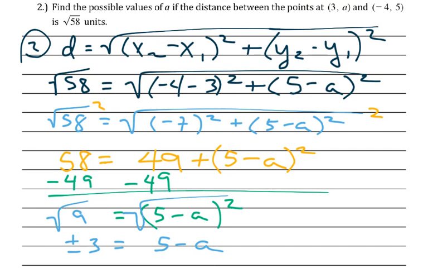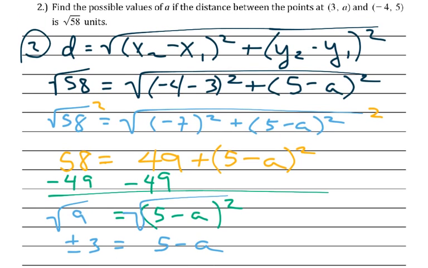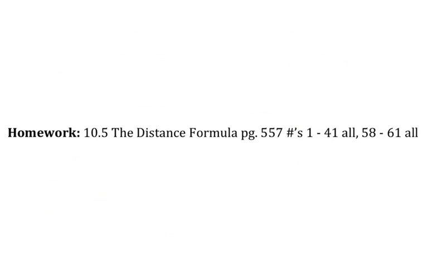Unless I made a simple math error or something like that, it should be correct. So if you're not sure, type it back in with these 2 and 8s into Wolfram Alpha, and you can compare to see if you get the square root of 58. So this is all about the distance formula, and I think this will be a good section.